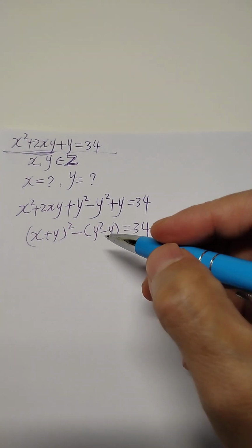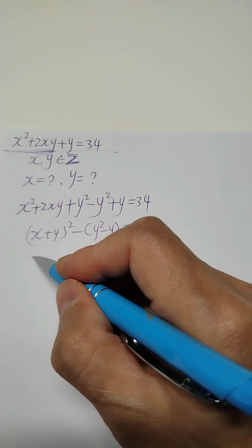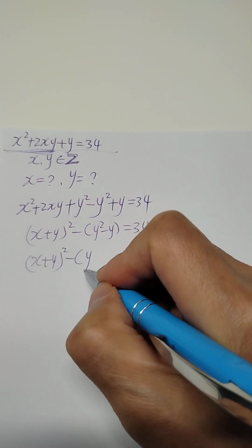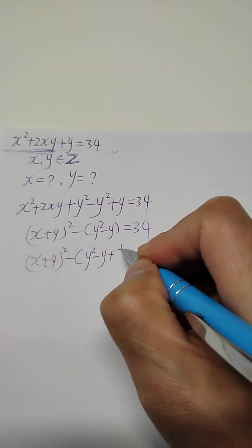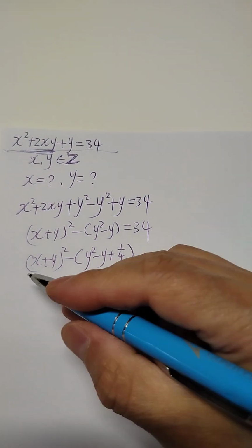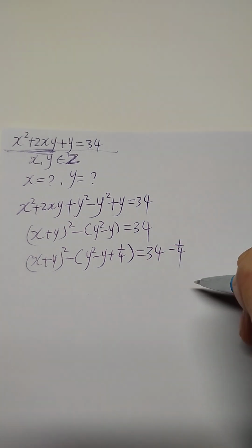And then we could make another perfect square here. So it's (x plus y) squared minus (y squared minus y plus 1/4). Since we have already subtracted 1/4 on the left side, we should subtract 1/4 on the right side.